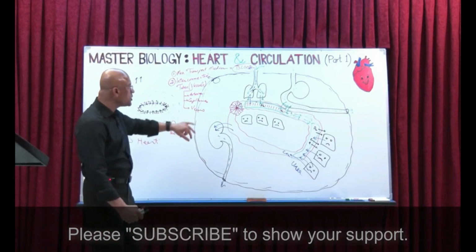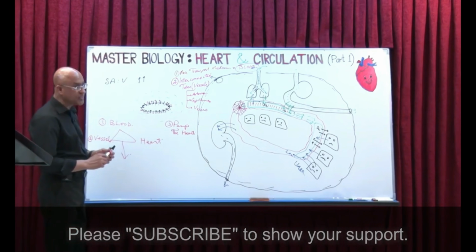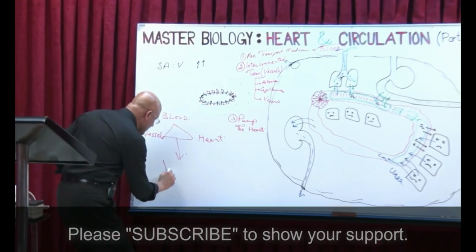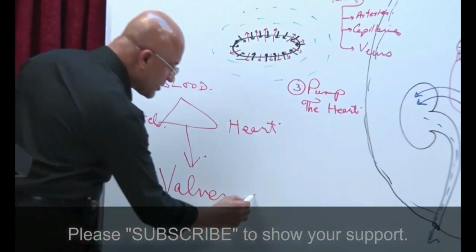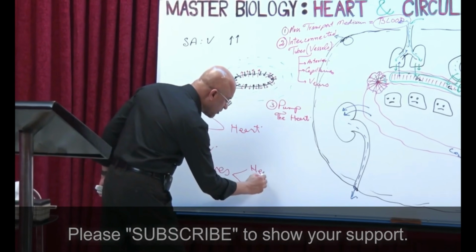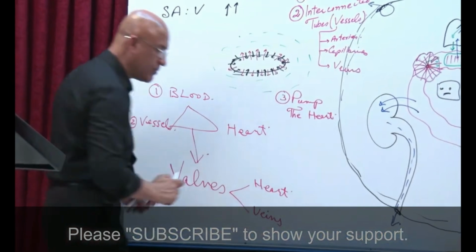To keep it unidirectional, there are special types of structures which we will discuss in detail later. They are called valves, which are present in the heart and especially in the veins.